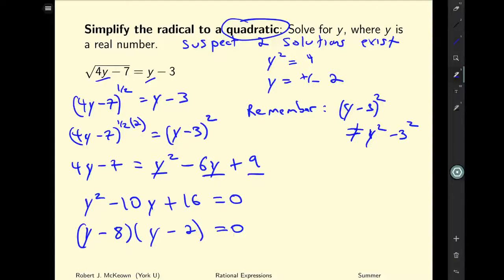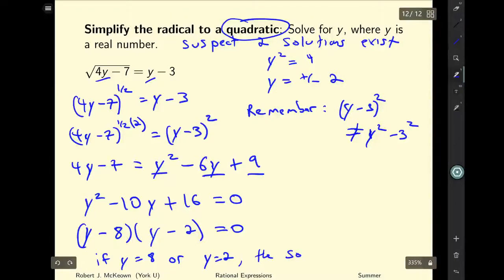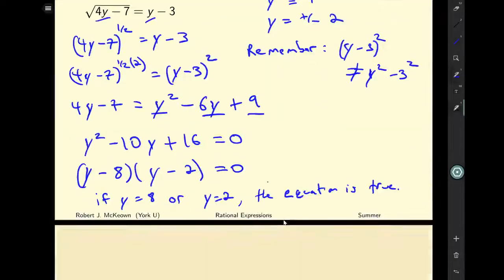And I can see here that if y is equal to 8 or y is equal to 2, I should say the equation is true. Wait a second.